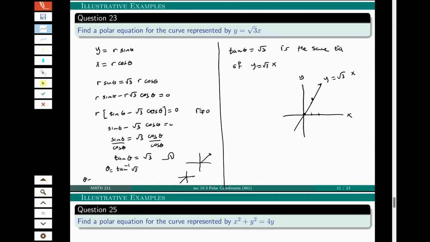So we have either theta is equal to tan inverse of square root of 3, and that should be pi over 3, or this one, which is pi over 3 plus pi. So either theta is pi over 3 or theta is 4 pi over 3. Okay, let's check now. Is it true?